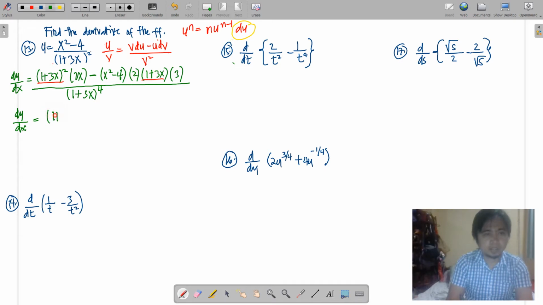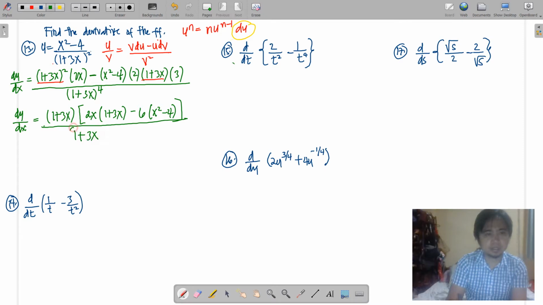What remains, perhaps we can place in a bracket: 2x, then 1 plus 3x, minus 2 times 3 is 6, this is squared, x squared minus 4. We enclose that in the bracket, and then all over 1 plus 3x raised to 4.